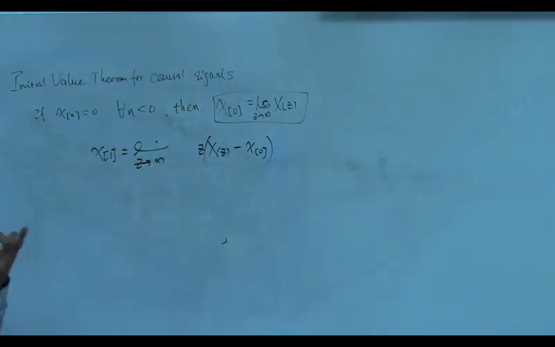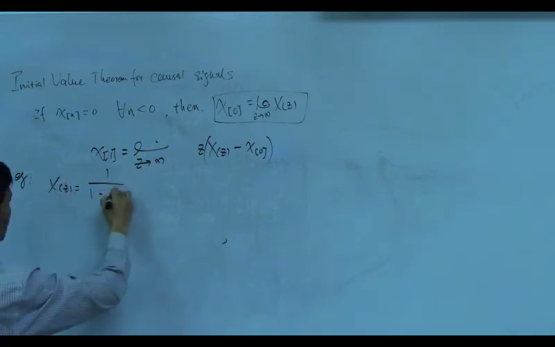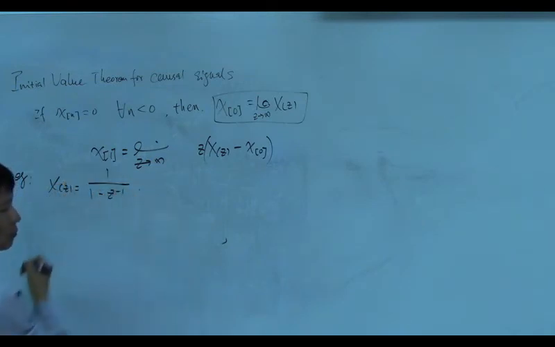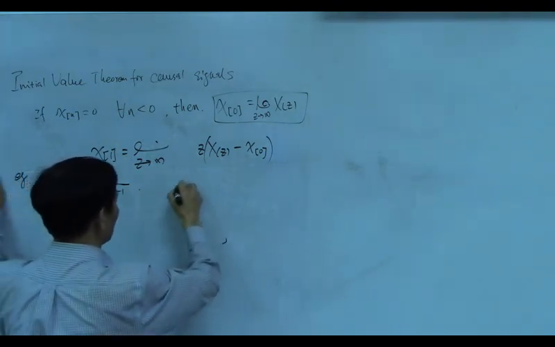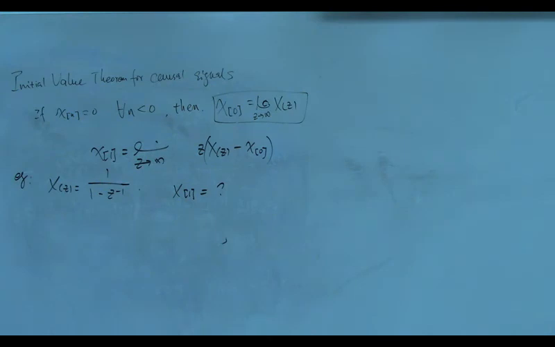Is this correct? All right, I list these two for you here. Example, X(z) equals 1 over 1 minus z to the negative 1. The question is, what is x1? You calculate this.